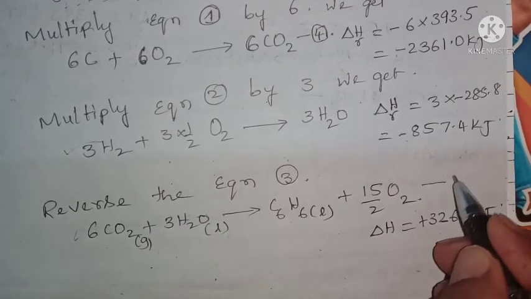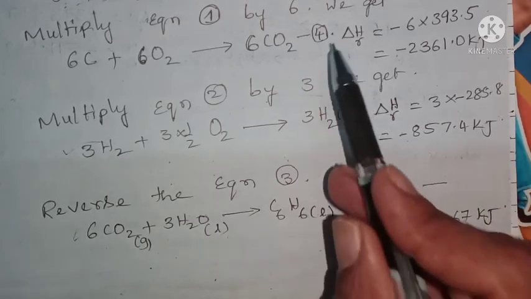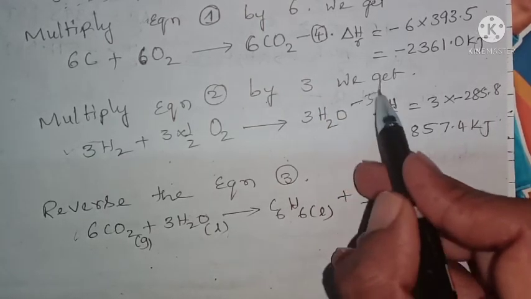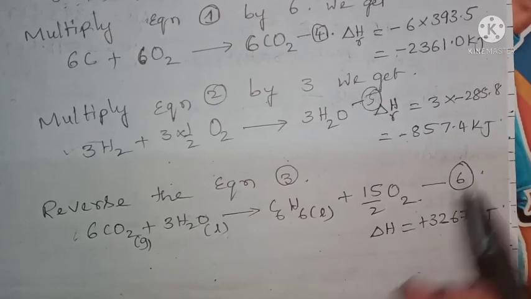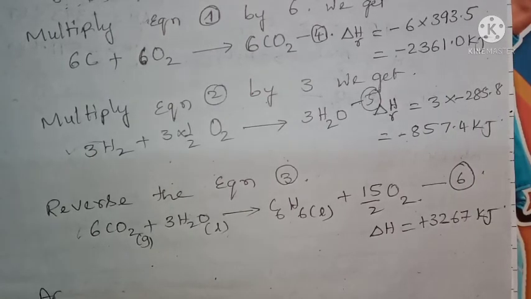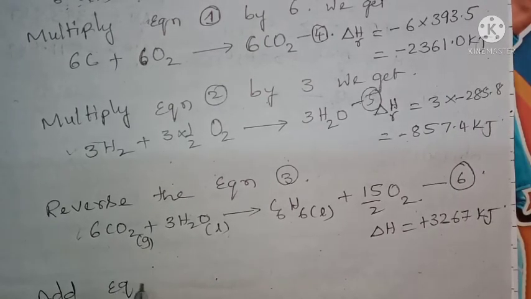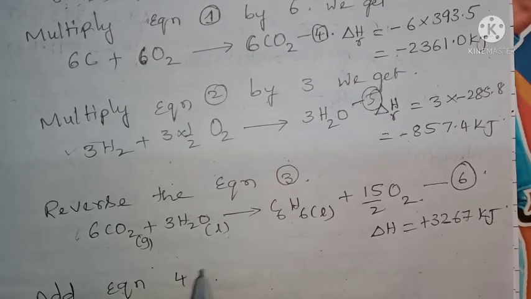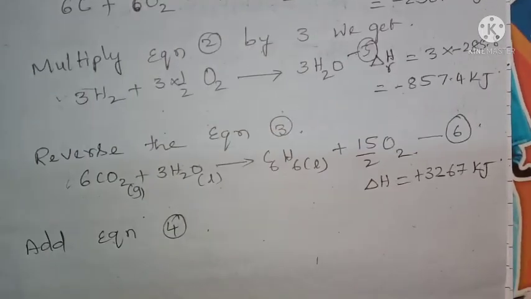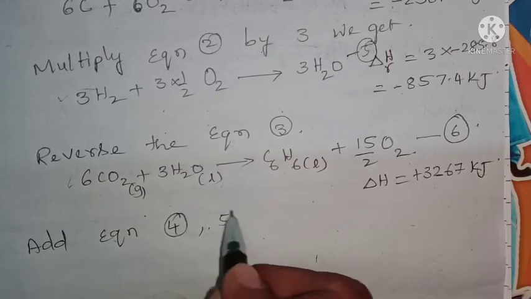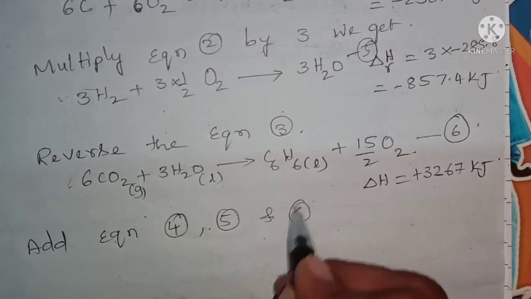Consider this as equation 4, and this one is 5 and this one is 6. So add equation 4, 5 and 6.